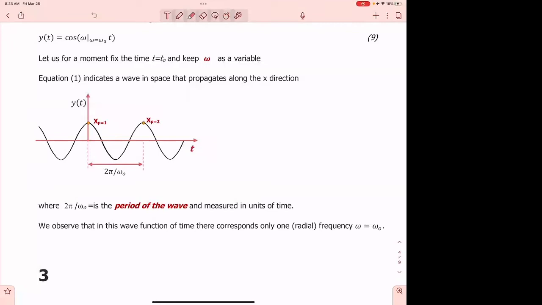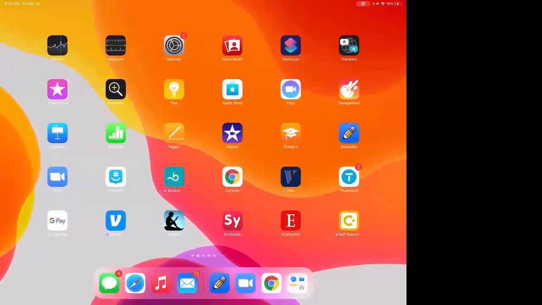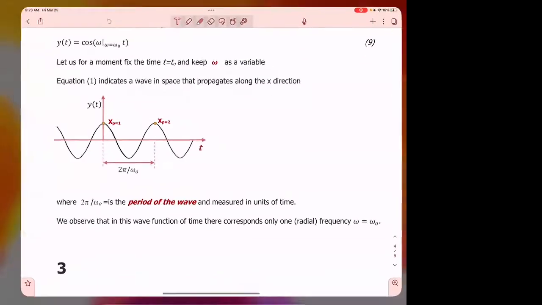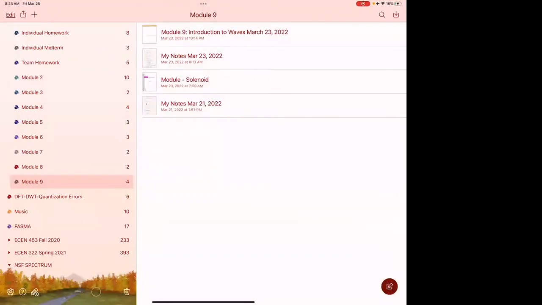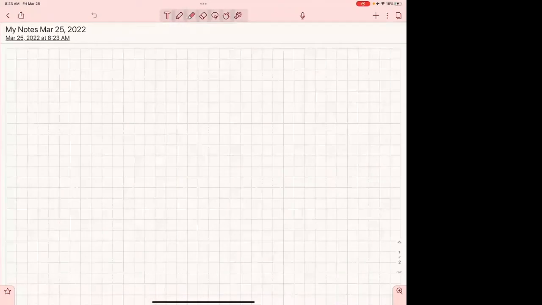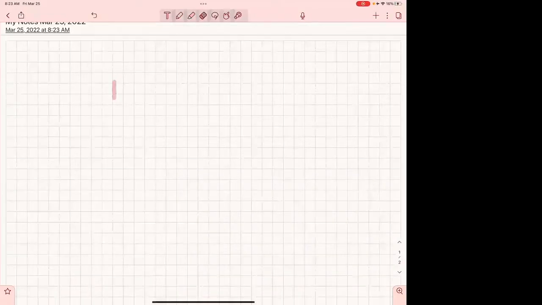What I mean is, if now I have a circuit, let's assume that at this point we have a circuit with an AC source.